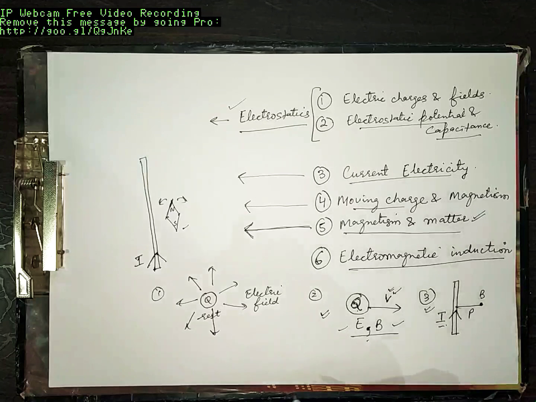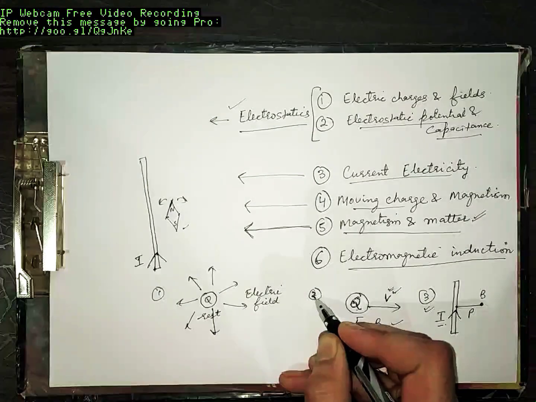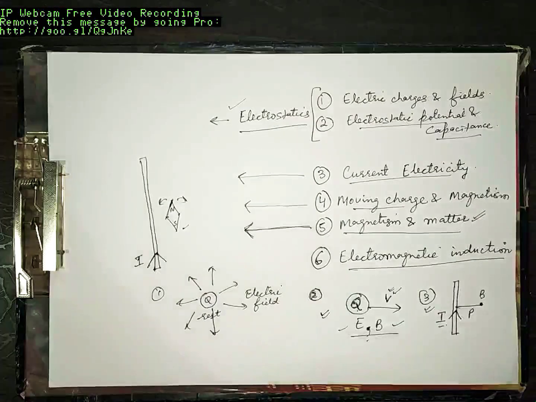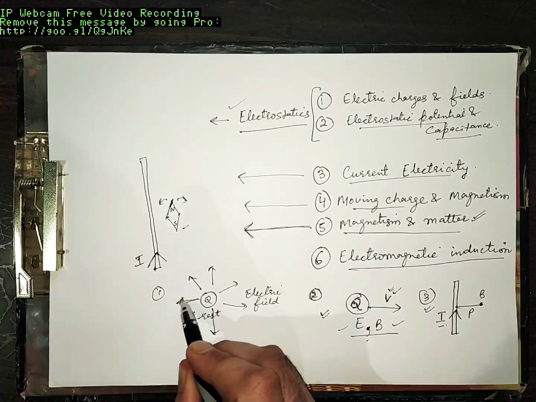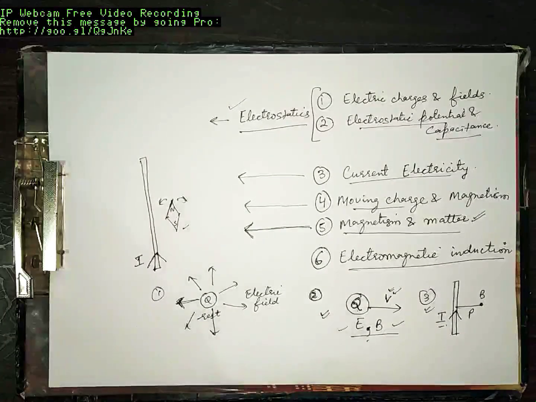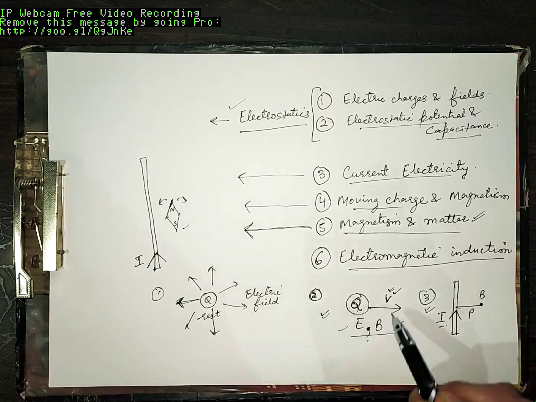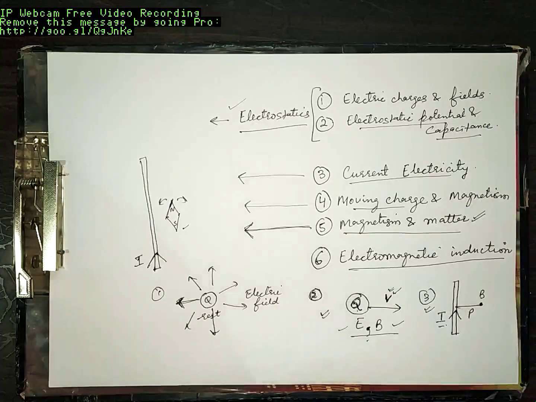Okay. Now I have to introduce you to a new concept today. The thing is, it was felt that if a current carrying wire can produce a magnetic field, or in other words, if a charge moving with velocity v can produce a magnetic field, can a magnetic field produce electric current?